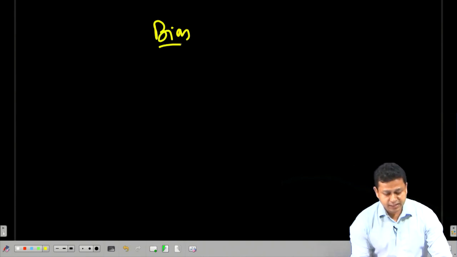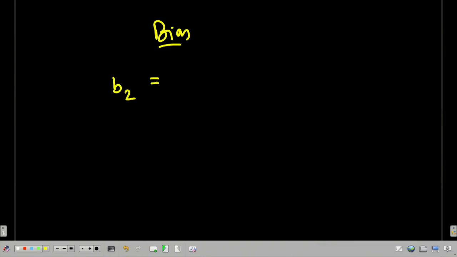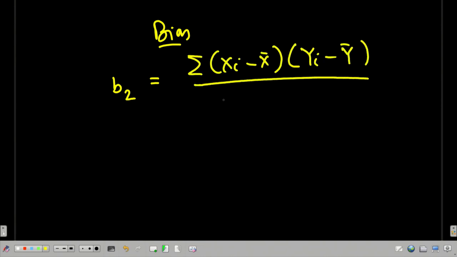We know by definition that B2, the estimated regression coefficient, is equal to summation of (xi minus x bar) into (yi minus y bar), divided by summation of (xi minus x bar) whole square, where i is equal to 1 to n.